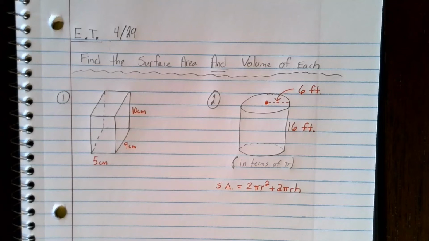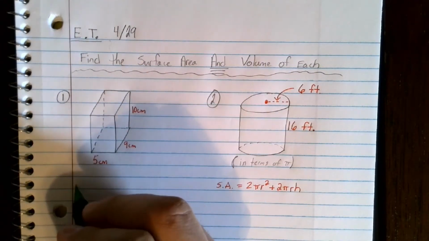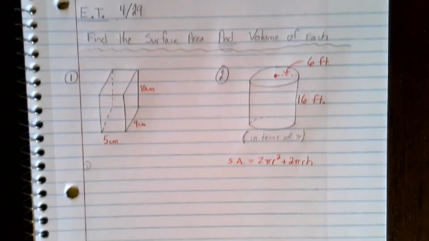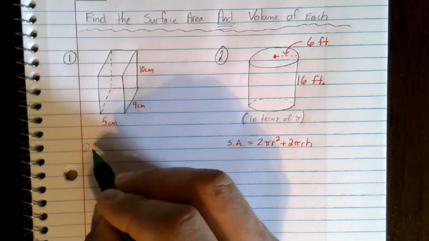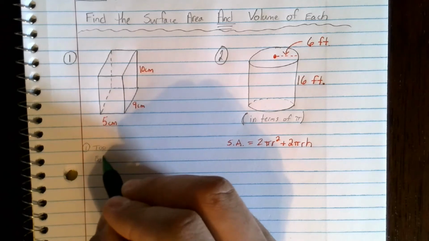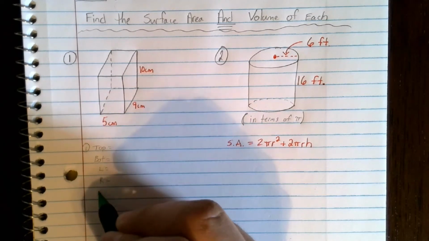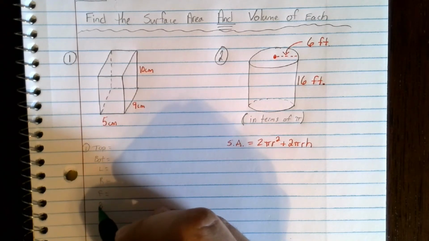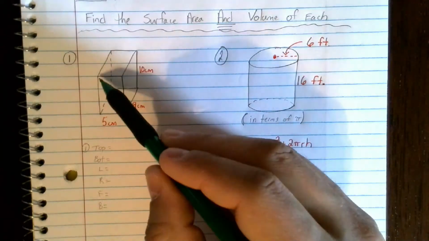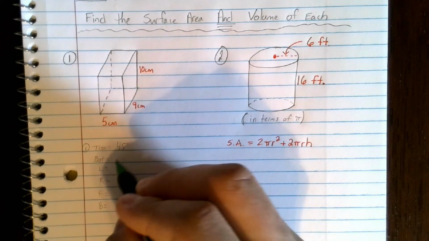Okay, answers to these problems. Number one, the surface area. You're going to find the area of the top and bottom, the left and the right, the front and the back. Top is 5 by 9, which is 45. The bottom will also be 45.